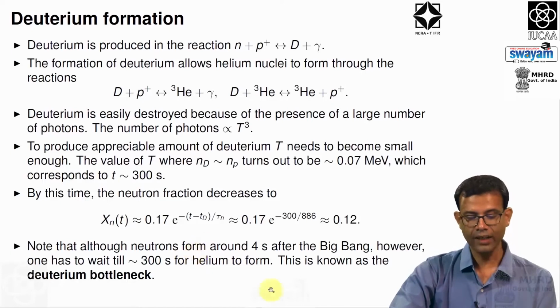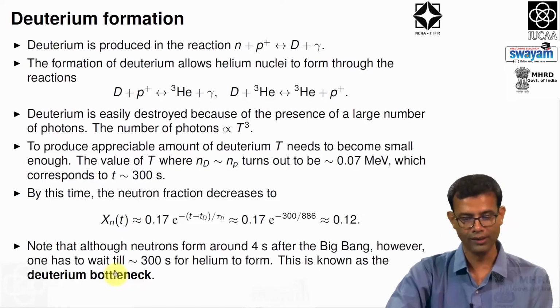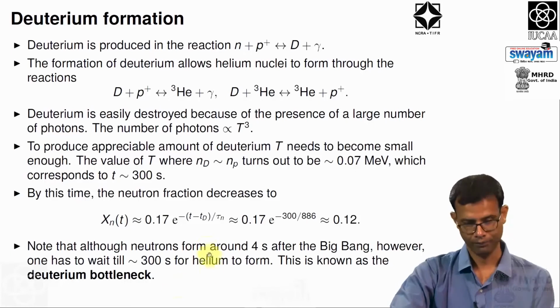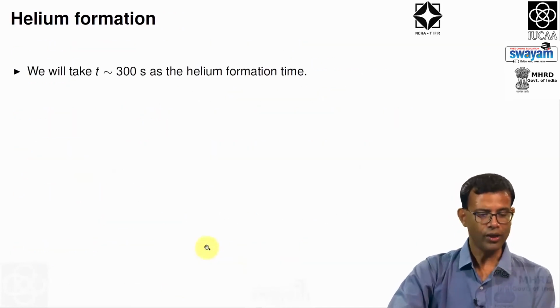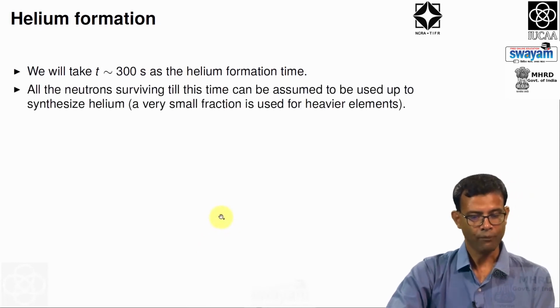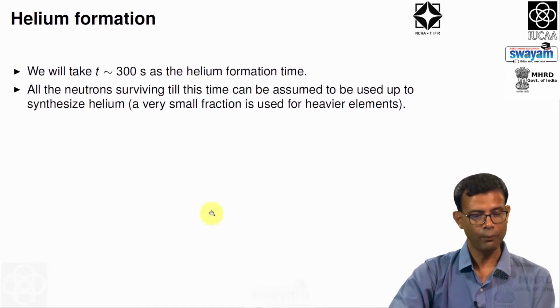The fact that helium formation cannot progress right after the neutron formation is because of this deuterium, and that is known as the deuterium bottleneck. So, even though you have protons and neutrons in the universe, you are not able to form helium. So, helium formation time is somewhere around, as I said, 300 seconds. All the neutrons which survive till this time will be assumed to be used up to synthesize helium.